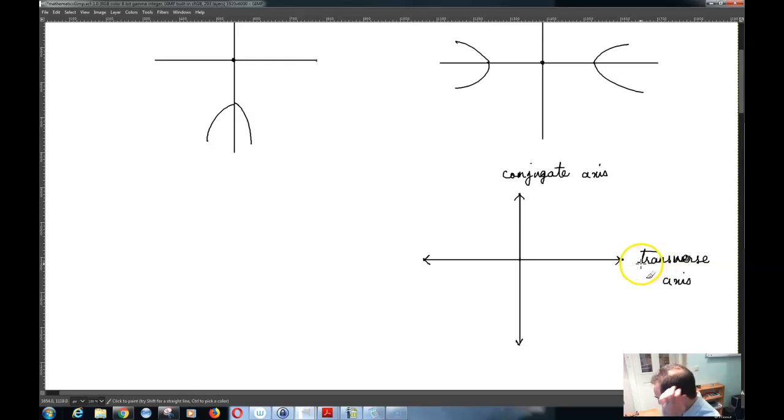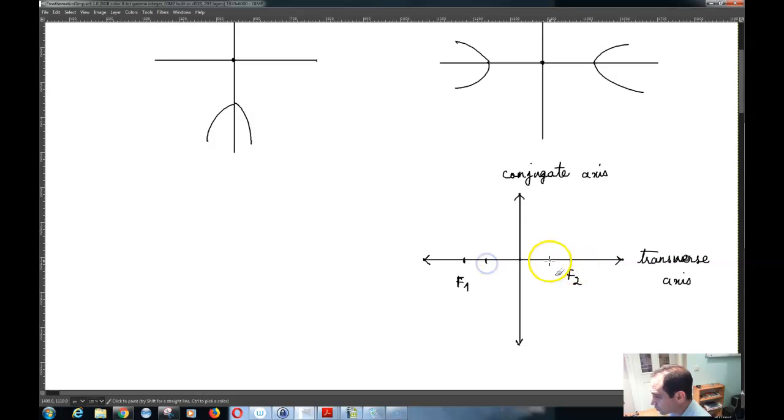And the foci of the hyperbola are always on the transverse axis, meaning that, for example, you could take this as f2, and take this as f1, and then the vertices of the hyperbola would be somewhere between the center and one of the foci.